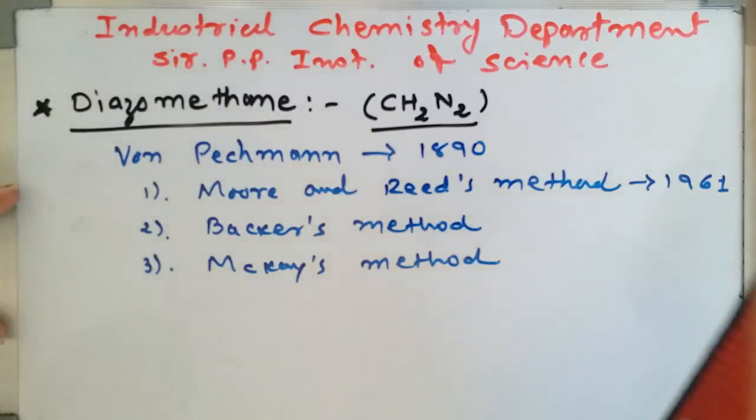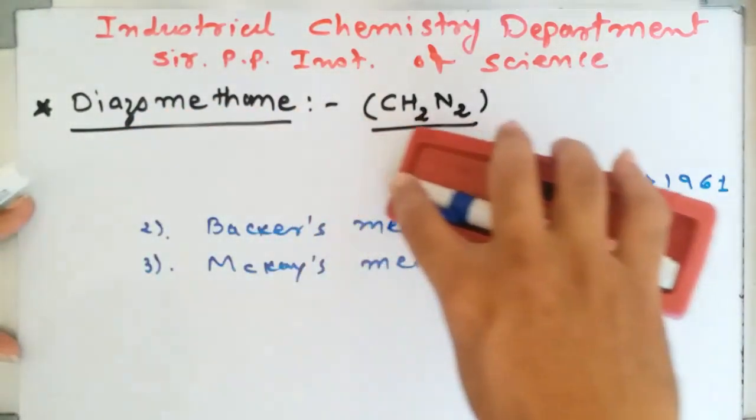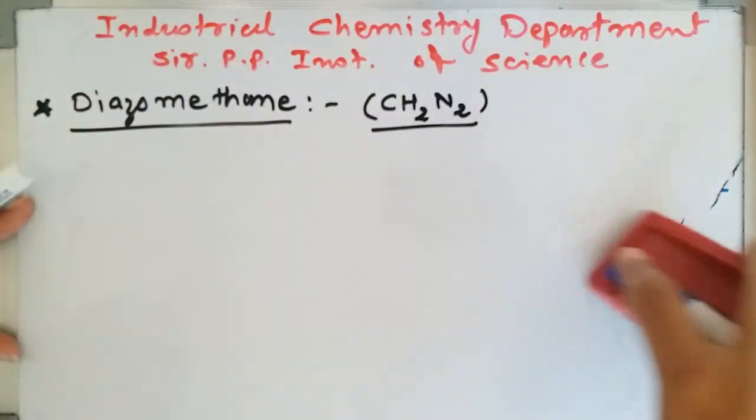First of all, Moore and Reed's method for preparation of diazomethane.